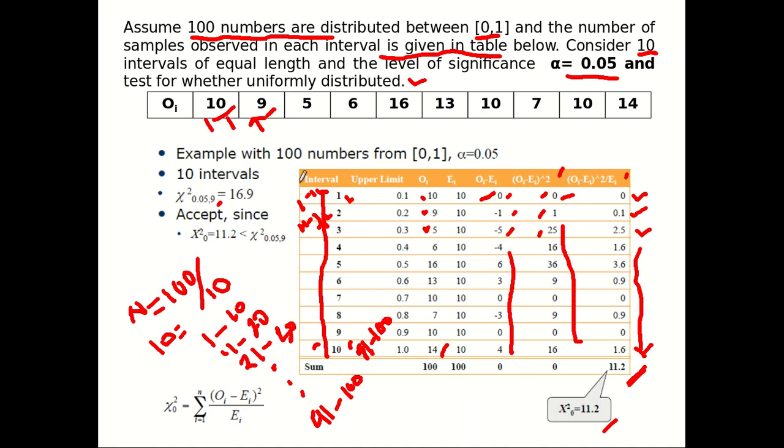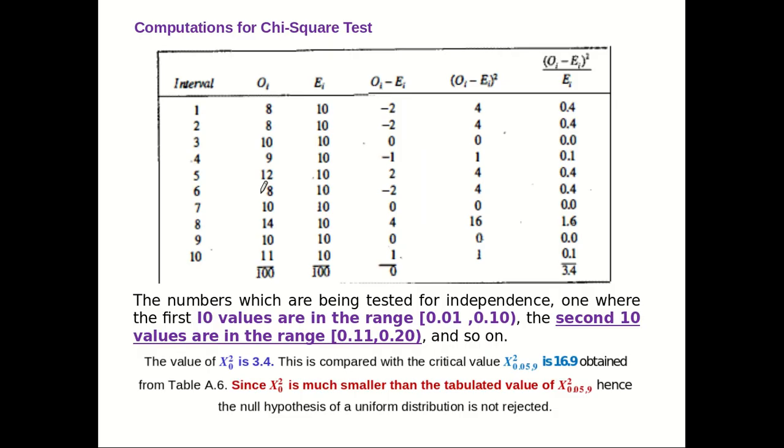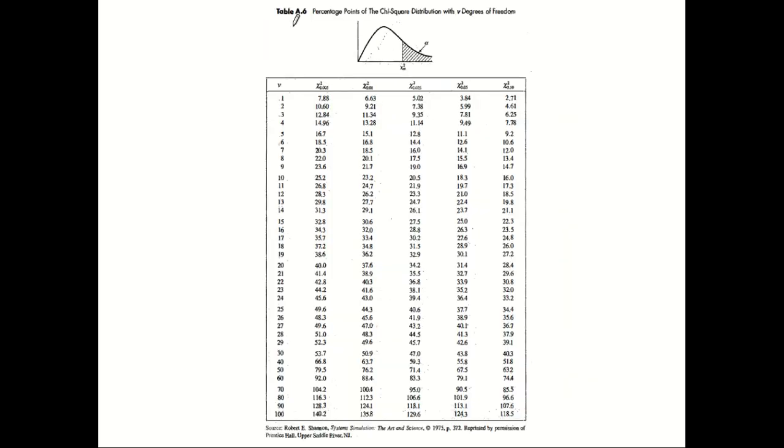This value is obtained from the table. Table A6, which is present in the last page of the book. There you have to find the 9th value. What is the level of significance? 0.05.